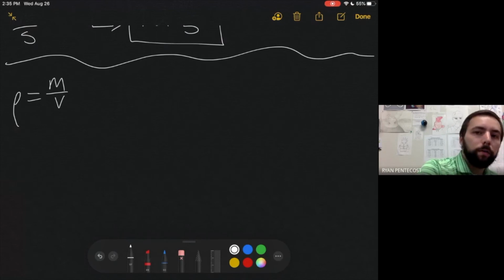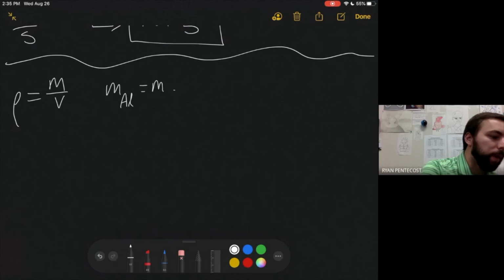So if we know that the mass of aluminum will equal the mass of iron, then we should get those masses solved, right?